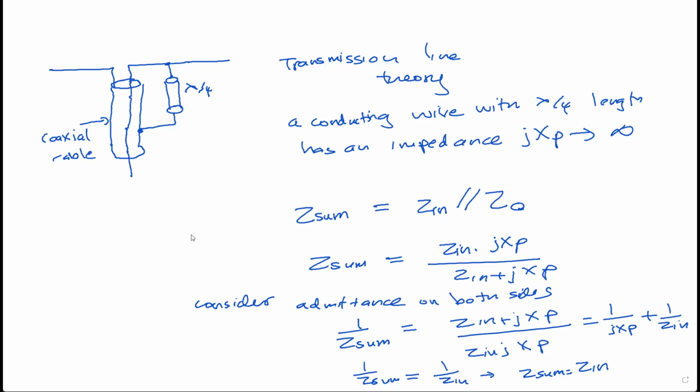And now let's talk about the next question, which is: if a capacitor is connected in parallel at the feed point in order to make the antenna self-resonant and match to the feed cable, calculate the required capacity.